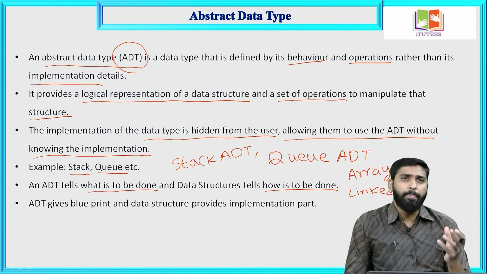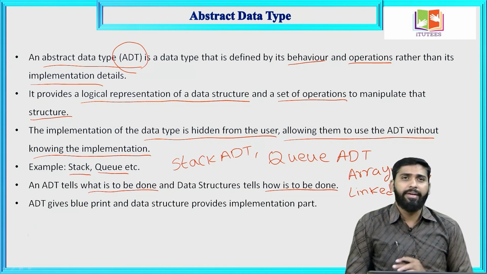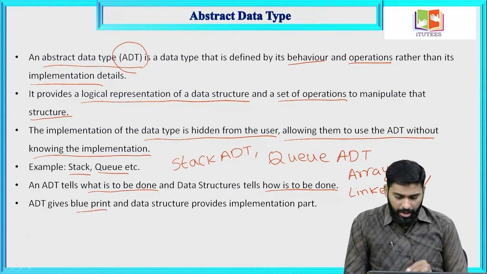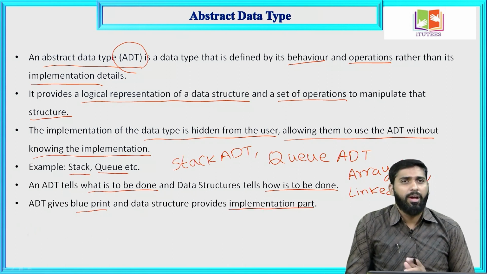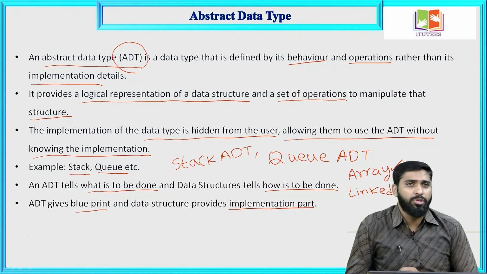Now we implement this stack using either array or linked list data structures. The ADT gives the blueprint and the data structure provides the implementation part. I hope you all understand the definition of abstract data type. ADT is a data type defined by its behavior and operations that hides the implementation. The ADT tells what is to be done and data structures tell how it is to be done.